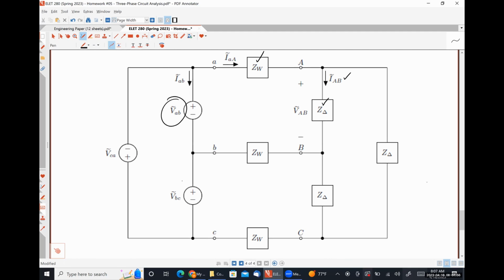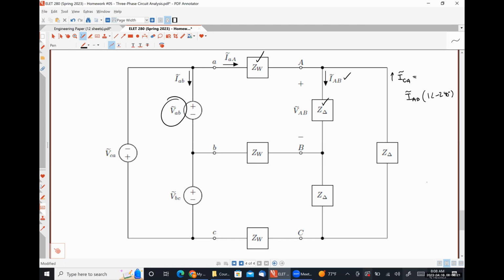Right. So what Jack is suggesting is that since we know this current, ICA is simply IAB times a factor of 1 angle negative 240 degrees.